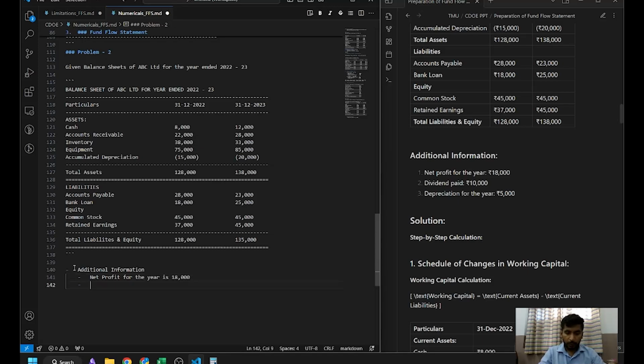Dividend paid is 10,000. Depreciation for the year is 5,000.